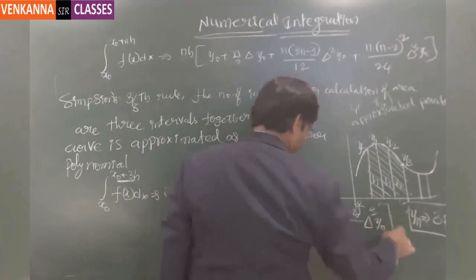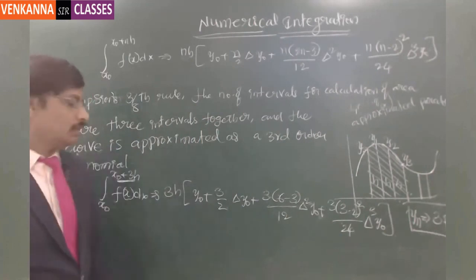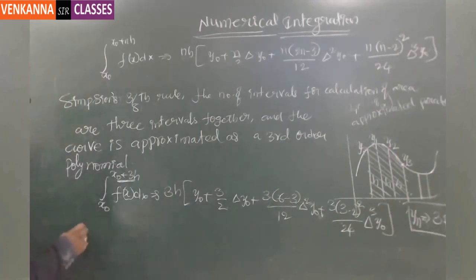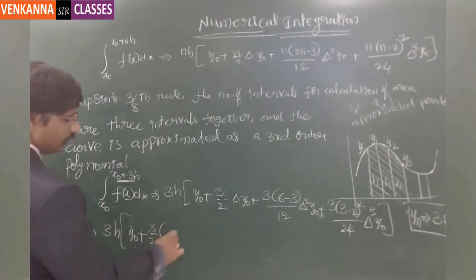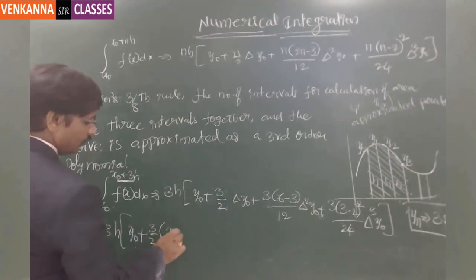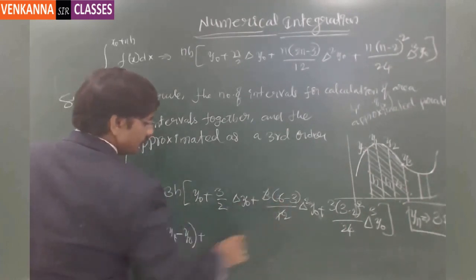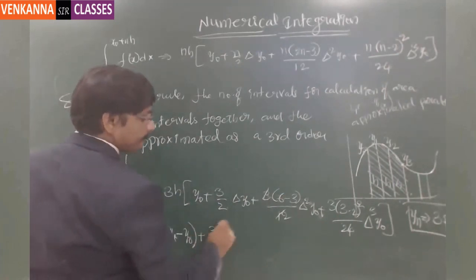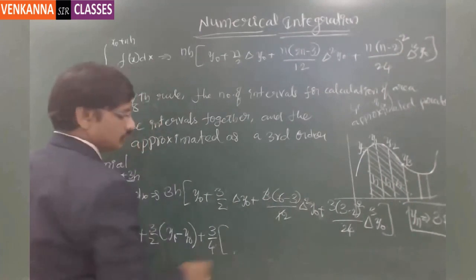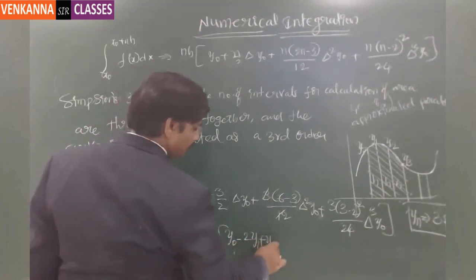So this is the formula in case you want to consider n equal to 3. If you further simplify it, this is going to be 3h into y0 plus 3 by 2 times delta y0, which is y1 minus y0, plus 3 by 4 times delta square y0, which is y0 minus 2y1 plus y2.